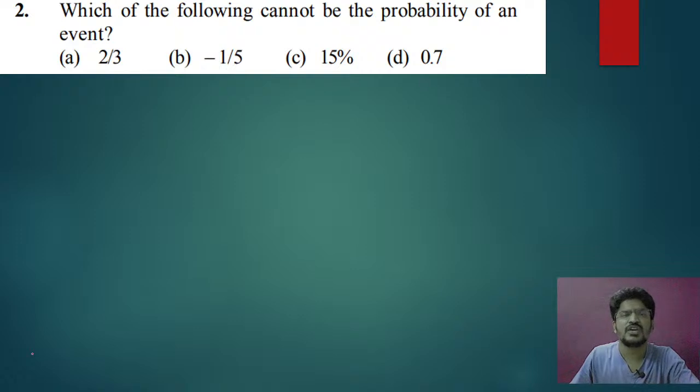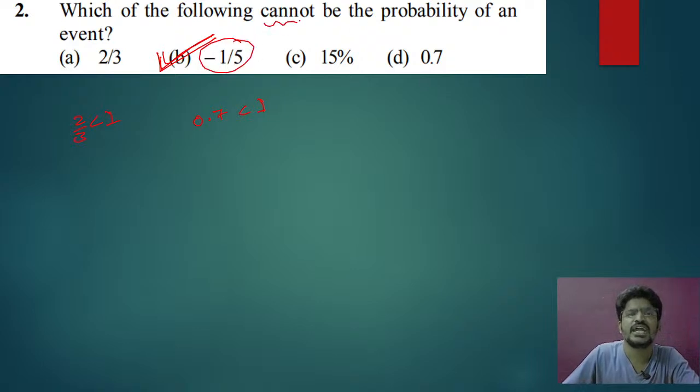So which of them cannot be probability, you can just see here. 2 by 3 is lesser than 1. 0.7 is also lesser than 1. Anyways, directly you can see this is negative. So the negative answer is right, because probability cannot be negative.